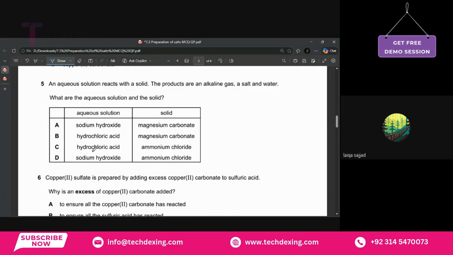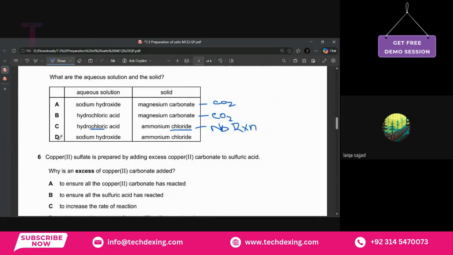Because both of them contain chloride ions. So they won't react. There will be no reaction. And option D will give you an alkaline gas, which is ammonia. So option D is the correct option.